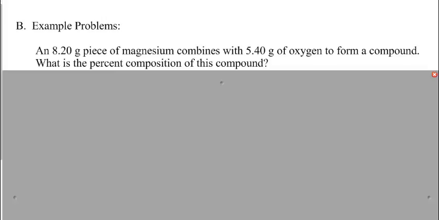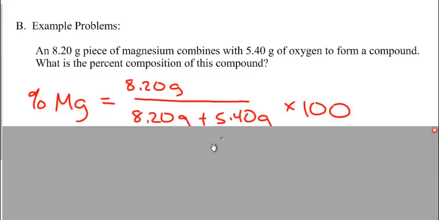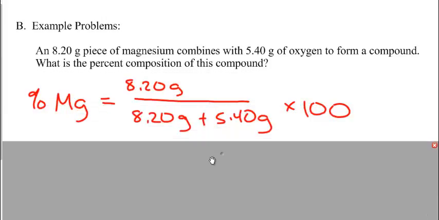Let's move on to an example. An 8.20 gram piece of magnesium combines with 5.40 grams of oxygen to form a compound. What is the percent composition of this compound? Well, we said we're going to take the mass of each one divided by the total. So for magnesium, 8.20 grams over the total, which is 8.20 plus the 5.40 from oxygen.